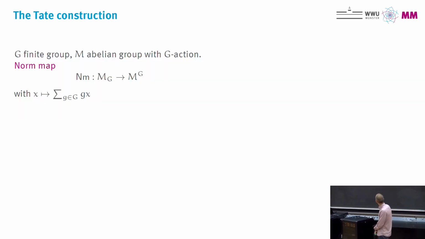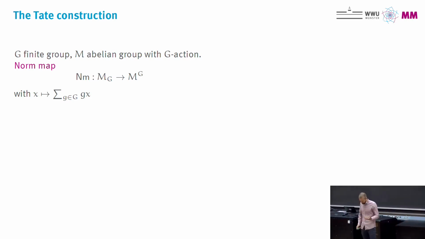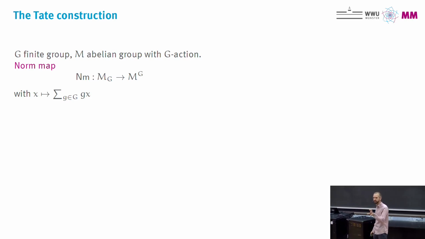And let's first start with the Tate construction. G is a finite group, and for us, G will actually always be the group with p elements for p prime, so the cyclic group C_p of order p. And it acts on an abelian group M. Then there's a well-known map called the norm or the trace, which sends an element in the coinvariants of the G action on M to the invariants by summation over all translates of that element.